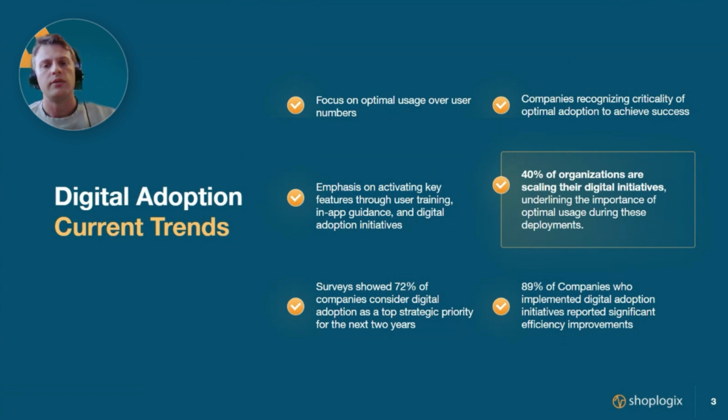Some interesting things we've seen through surveys include that around 70% of companies consider digital adoption to be a top strategic priority for the next 2 years. And also 89% of companies who chose to implement a digital adoption initiative reported significant improvements in efficiency around the use of that system.